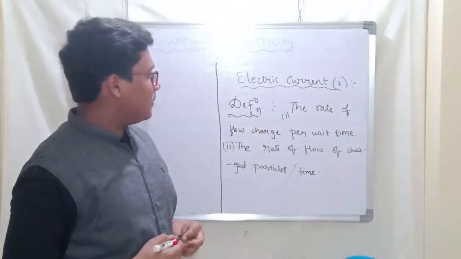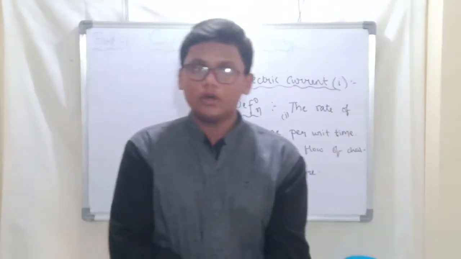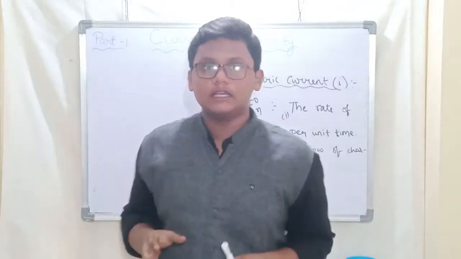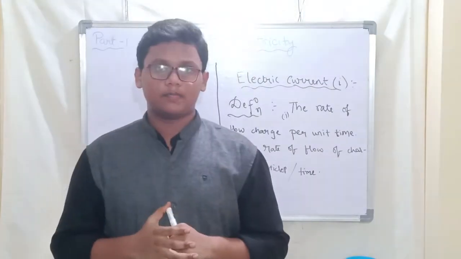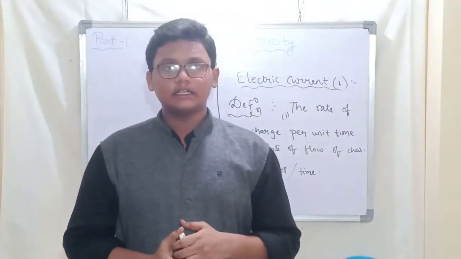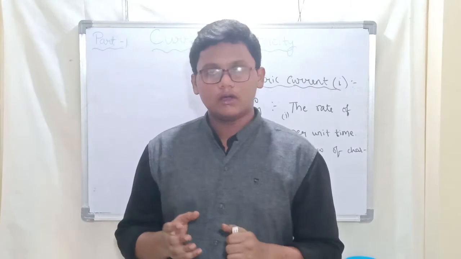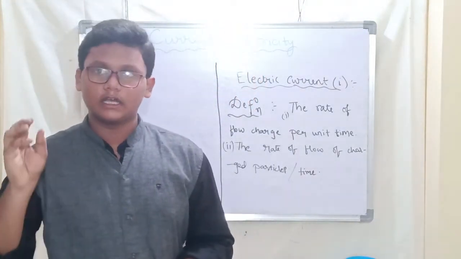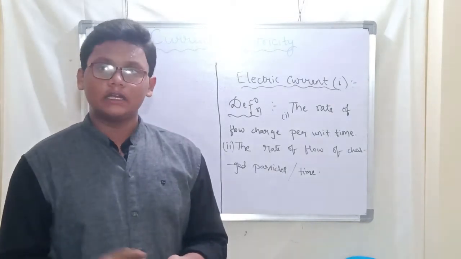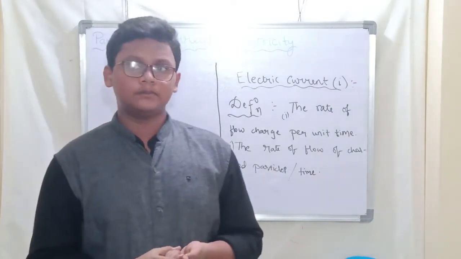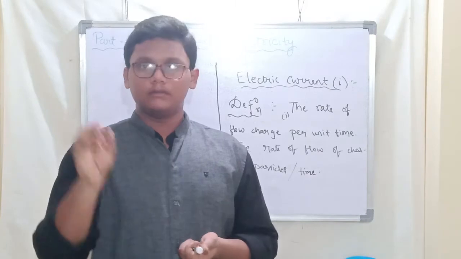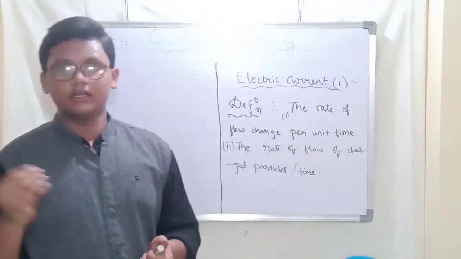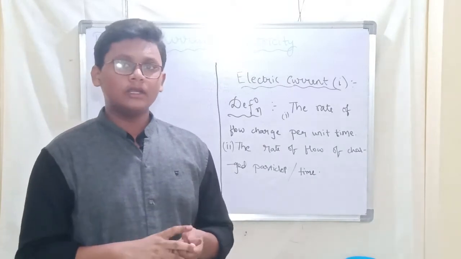Now, rate of flow of charge means, I'll explain. If we take a conductor or a bulb, and we need to make that bulb glow, we'll connect it to a battery, or to a switch or plug. How does the current come?